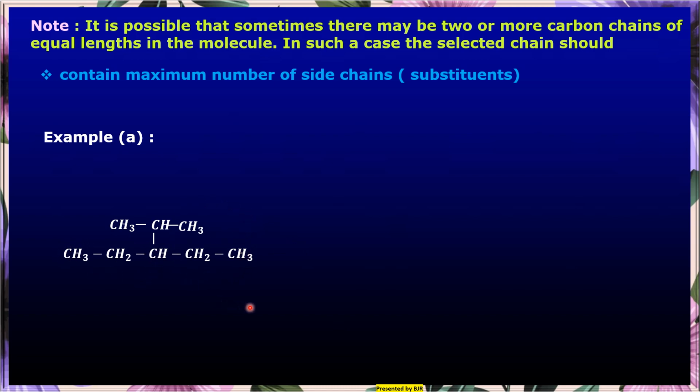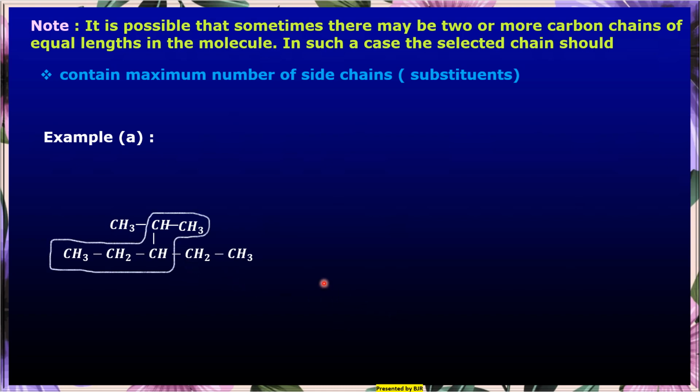That is, 2 carbon chains of equal lengths are available for the selection of parent chain in this molecule. See here, we can select this as the parent chain or this one as the parent chain. Both have equal lengths. At that time, which one should be taken as the parent chain?